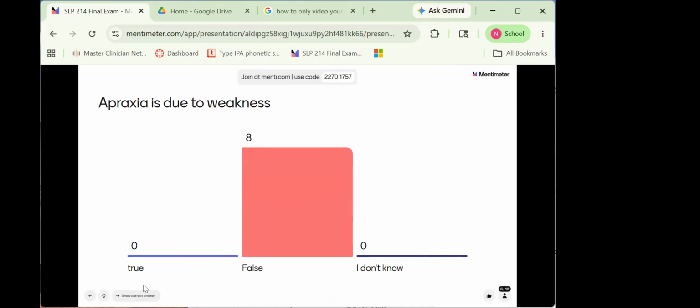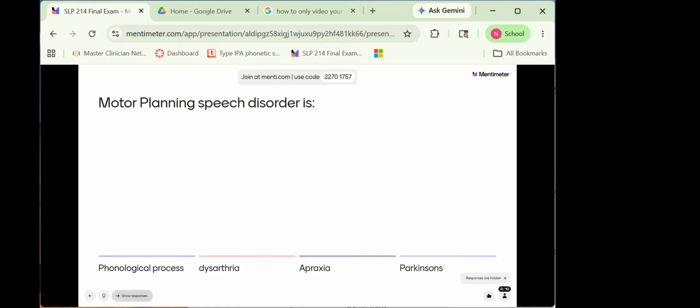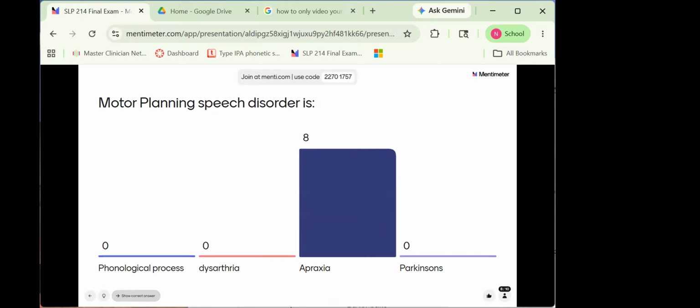Okay, this is false, right? Motor planning when we're talking about apraxia. A motor planning speech disorder. Okay.